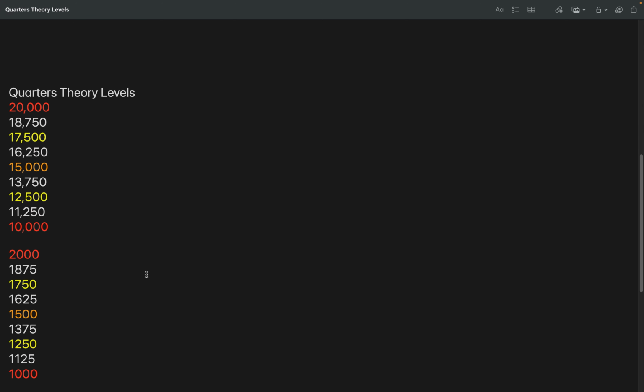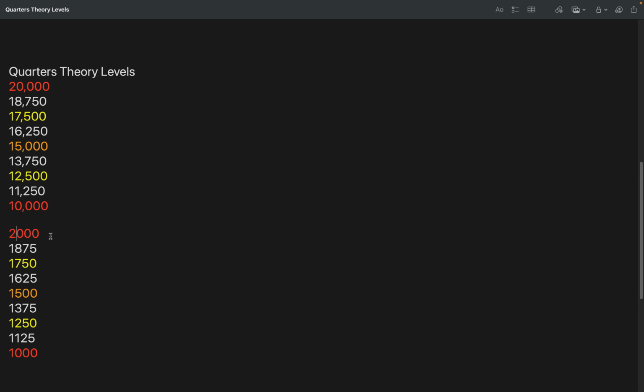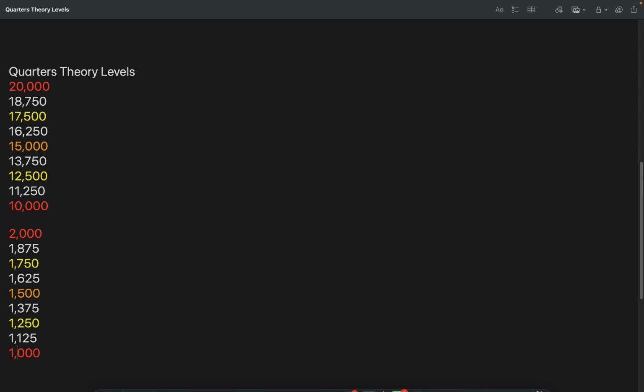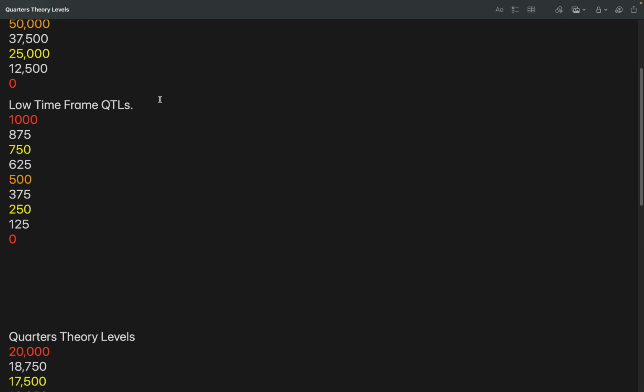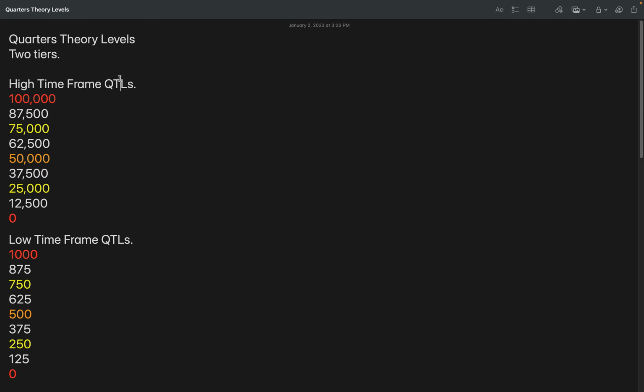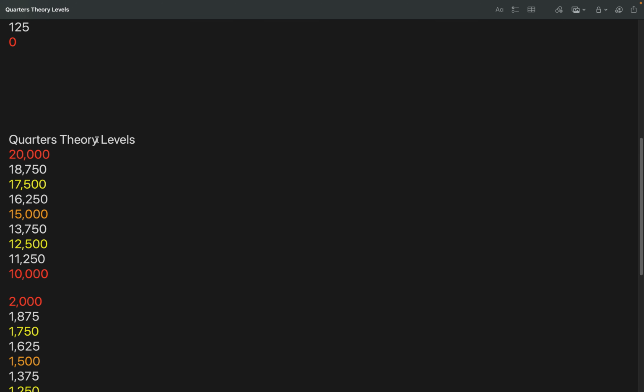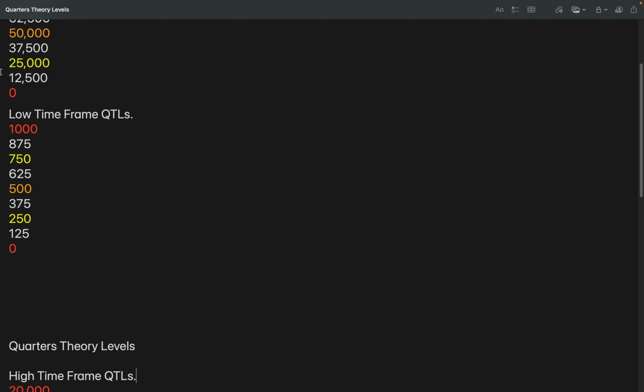Now this is what it's going to look like on the chart right here. It's going to look something like that right there. So this is, again, back to what we were saying. High time frame QTLs.